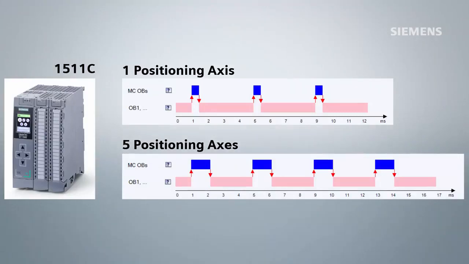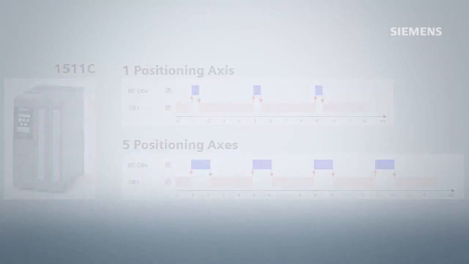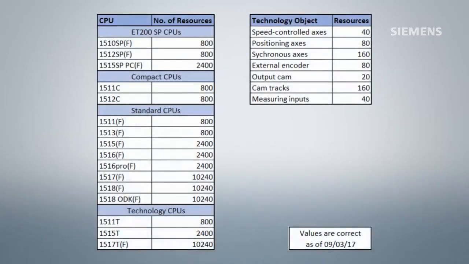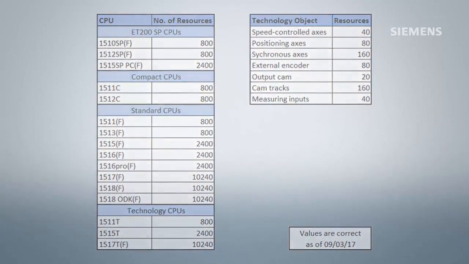We can see from the diagrams on screen how different CPUs respond to different numbers of axes. A larger CPU can more easily accommodate a larger number of axes. This is all defined by motion control resources. Larger CPUs have many more resources than smaller CPUs, and each different type of axis requires a different number of motion resources.